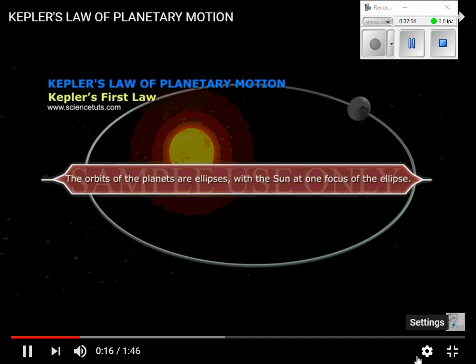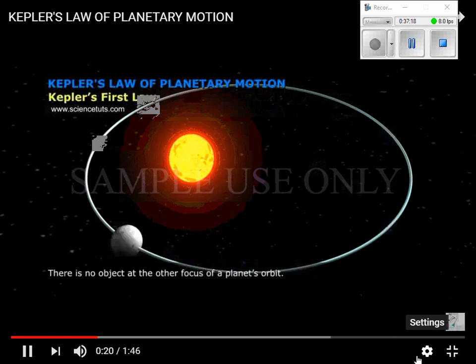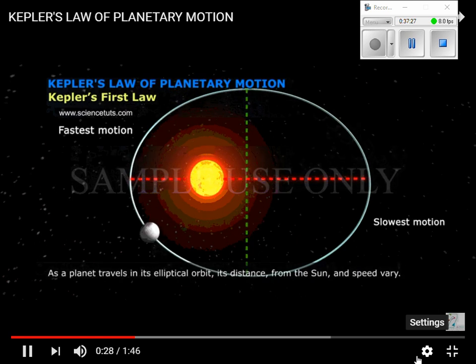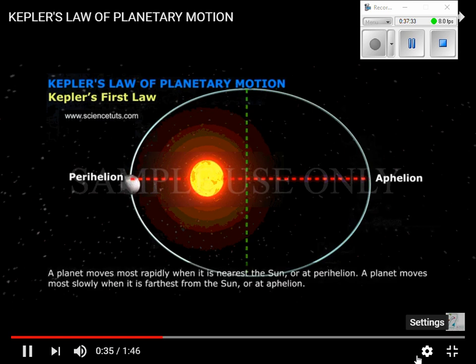Yeah. Oh, Kepler's second law. You can actually see how it kind of speeds up and slows down as it goes around.